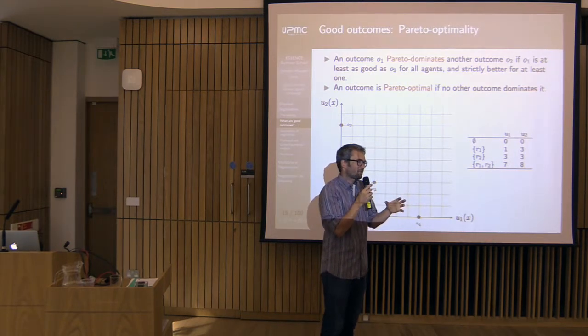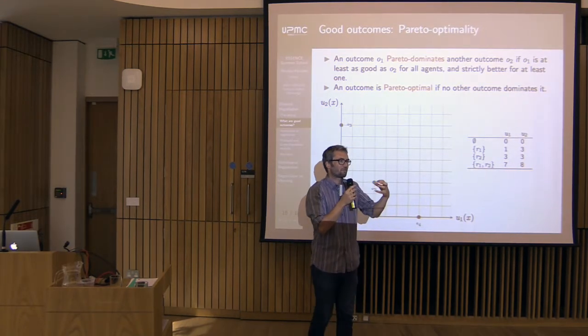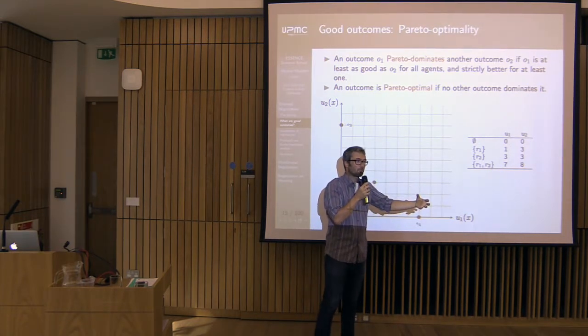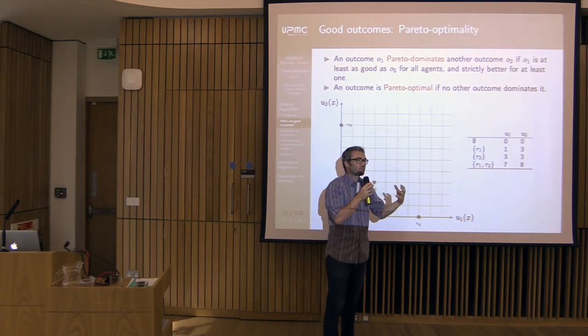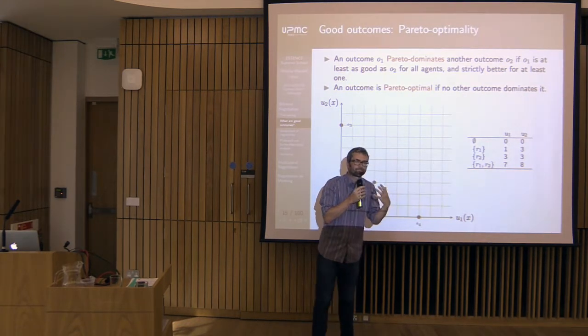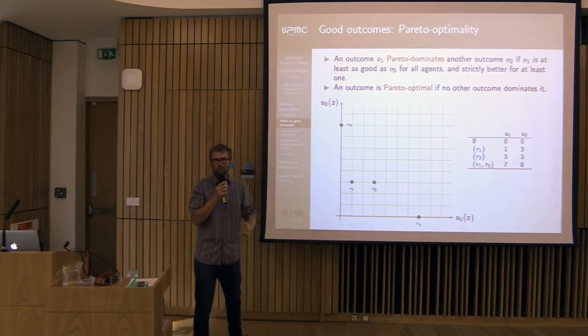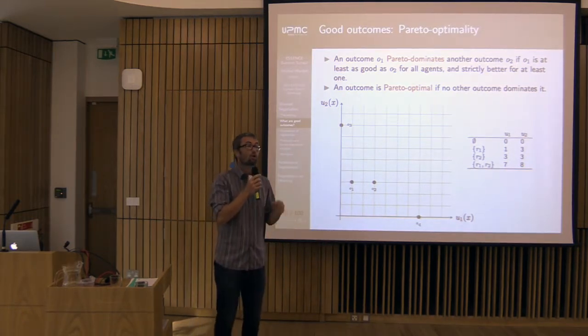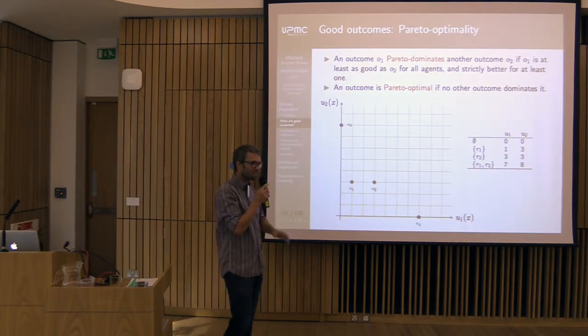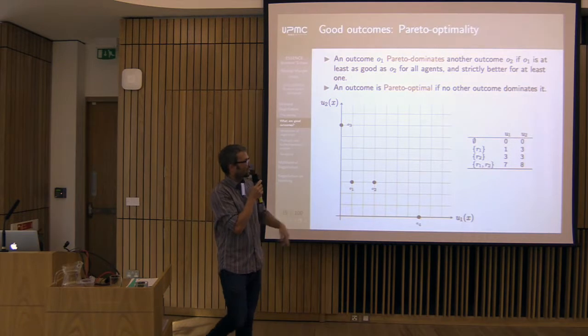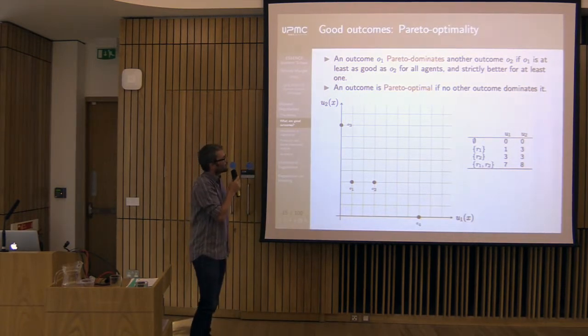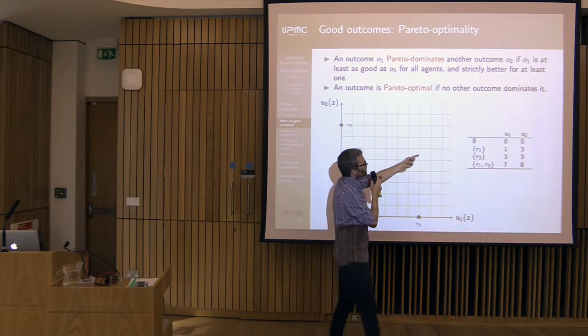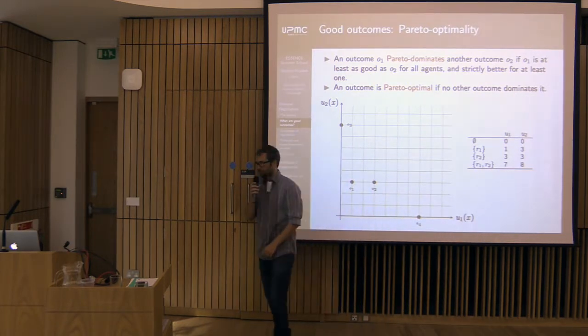Concluding on a non-Pareto optimal outcome is strange, because you could have an outcome which would be better, or at least not worse for everyone, and better for some. So that's really something that you want in most negotiation settings, although sometimes it can be discussed. I'll get back to that later. So an outcome is Pareto optimal if it's not dominated by any other outcome.